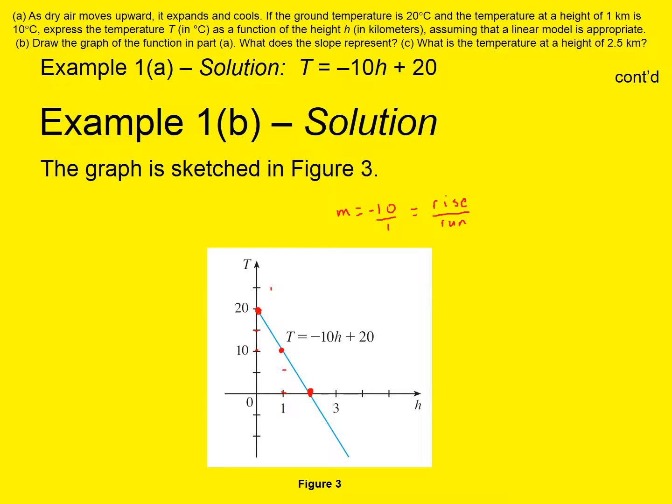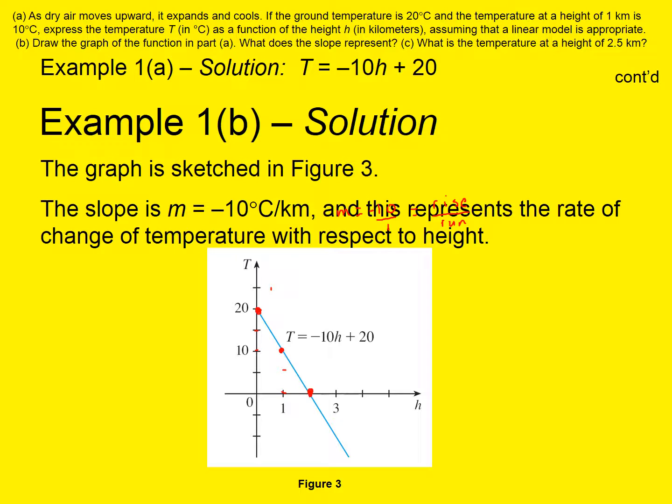What does the slope represent? The slope, negative 10, well, that's going to tell us what happens with the temperature for each unit of height that we change in our elevation.